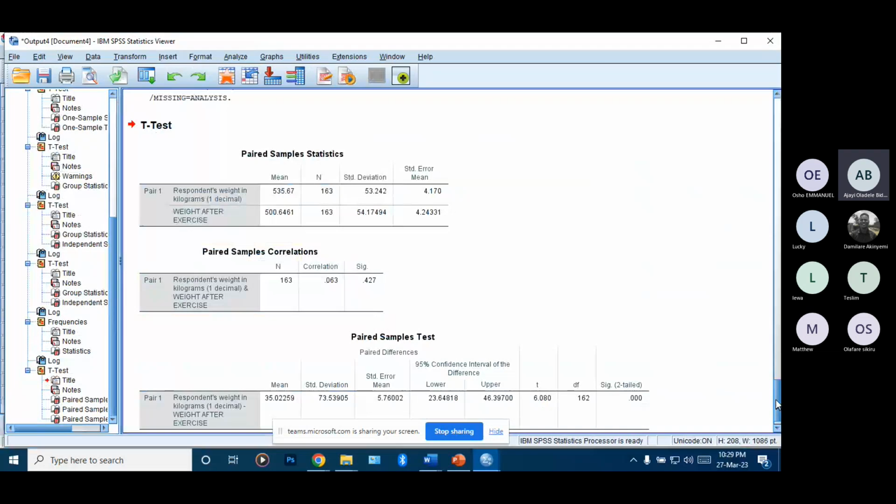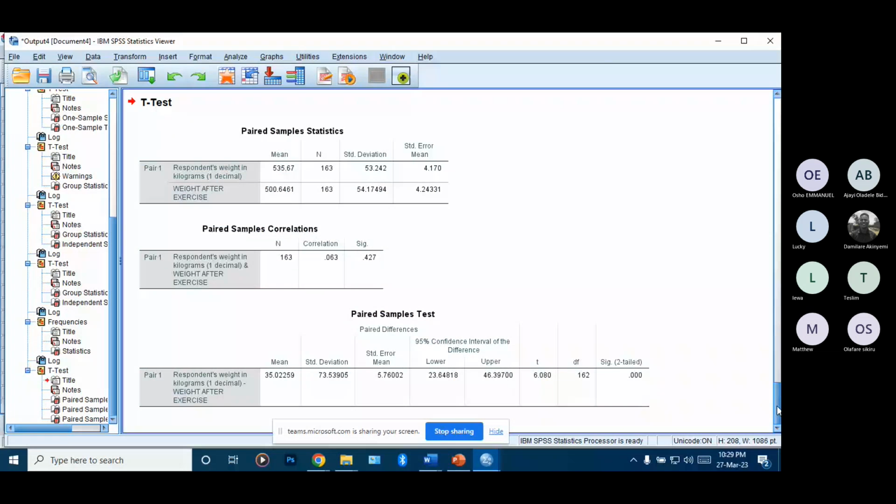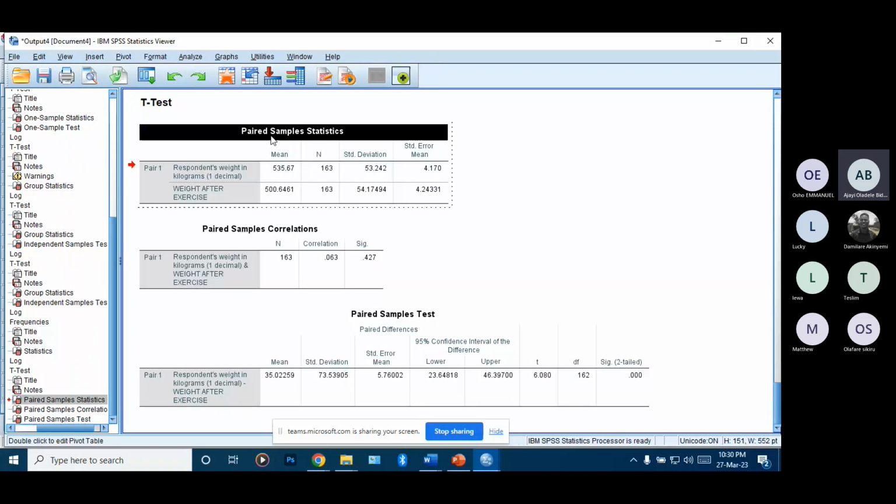Now this is the output of the t-test. The very first table here is the descriptive statistics. The mean weight of our respondents before they started exercise was 435.67.